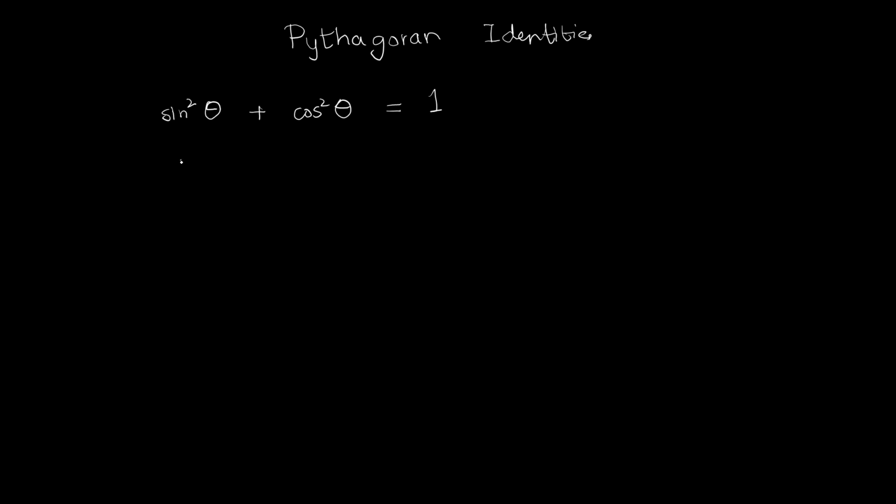Then we also have one plus tan squared equals secant squared. These three allow you to convert between ratios instantly.